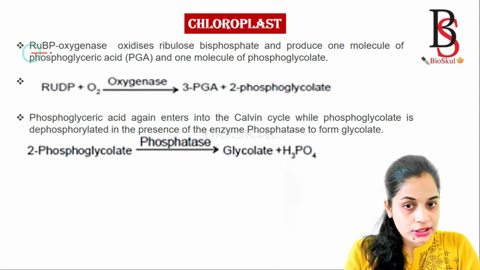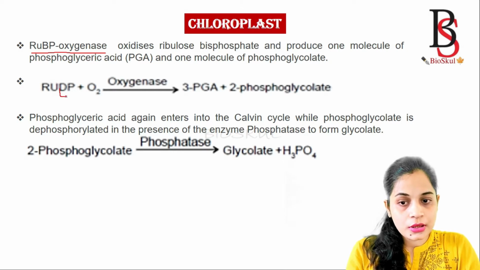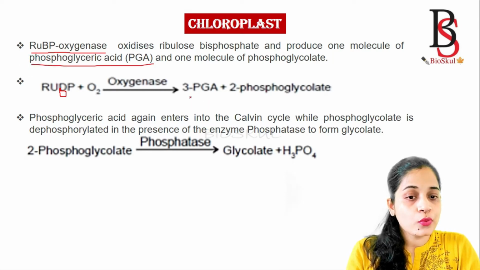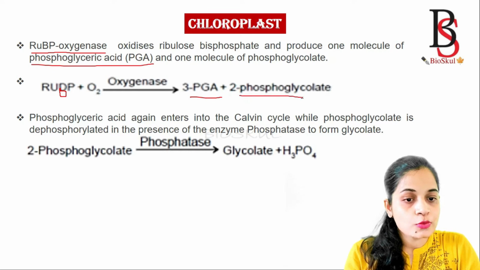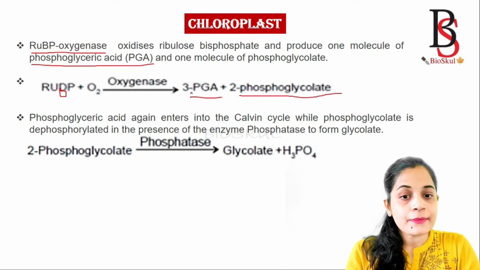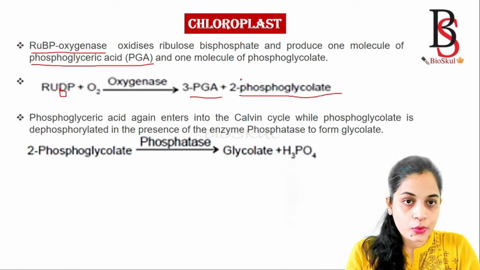RuBP oxygenase oxidizes the ribulose bisphosphate and produces one molecule of phosphoglyceric acid and one molecule of phosphoglycolate. Phosphoglyceric acid is a 3-carbon molecule, and phosphoglycolate is a 2-carbon molecule.